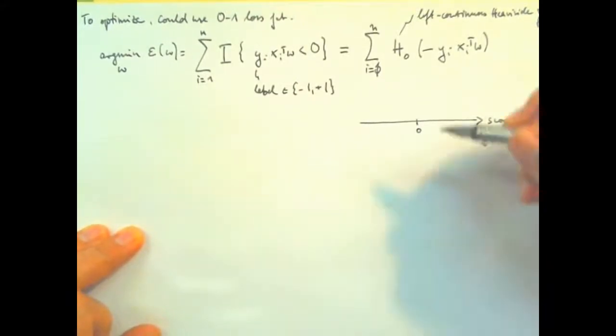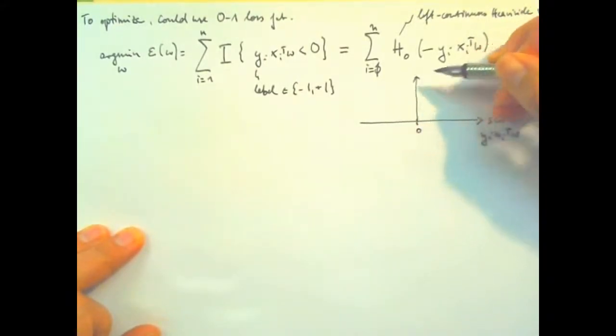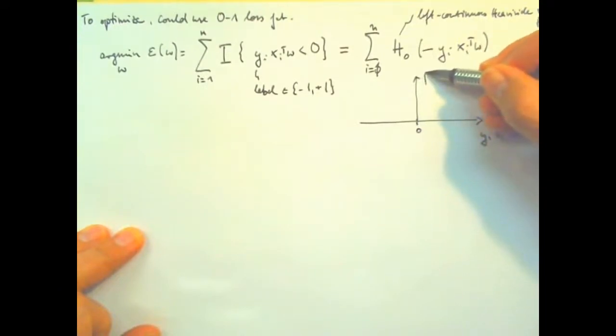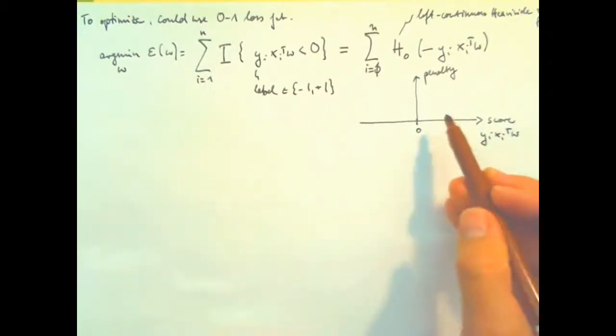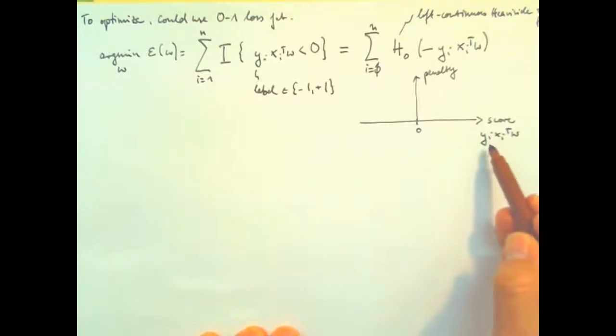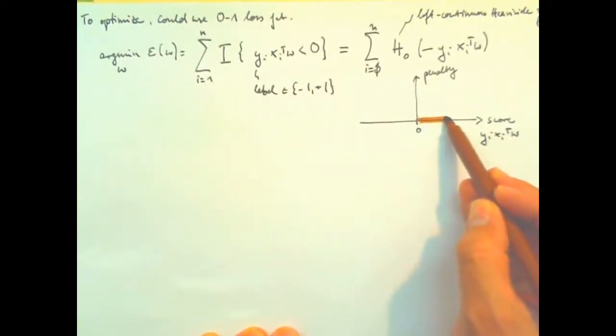And on the second dimension, I can plot the penalty or the loss incurred by this particular observation. And if I now predict a value larger than 0 for class +1, my penalty is 0.